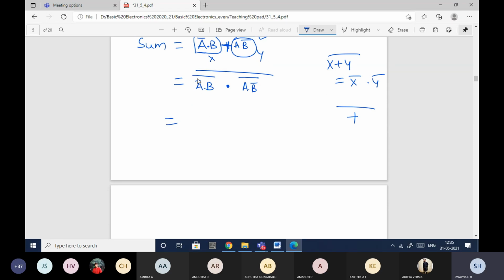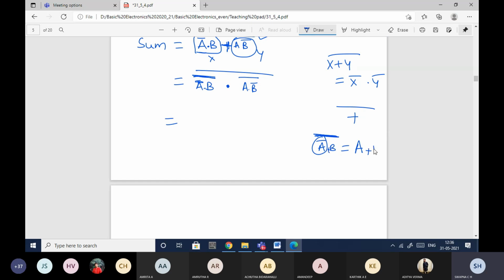So I will again expand this, because you know very well that A dot B whole bar can be represented as A bar plus B bar. Using this De Morgan's law, I'll try to expand this one. I have A bar dot B whole bar. Since I have A bar, I'll take A when expanding using De Morgan's law, and since I have dot, I'll take plus.